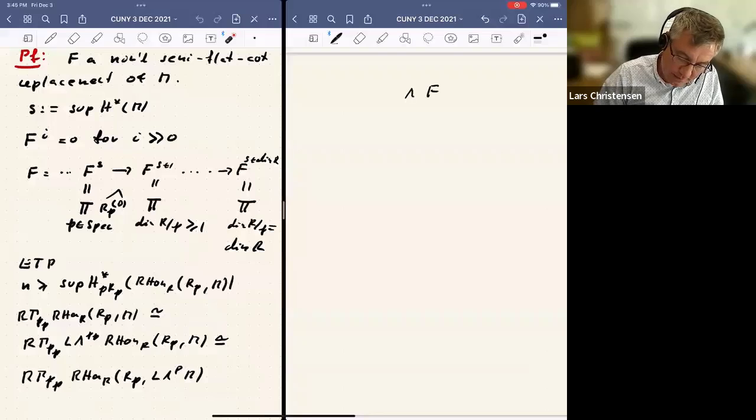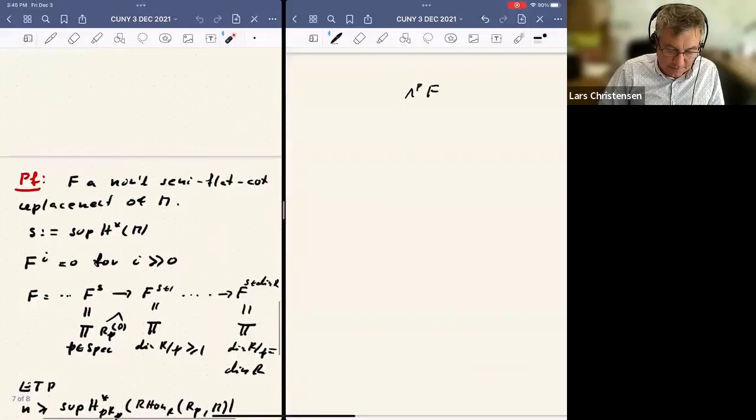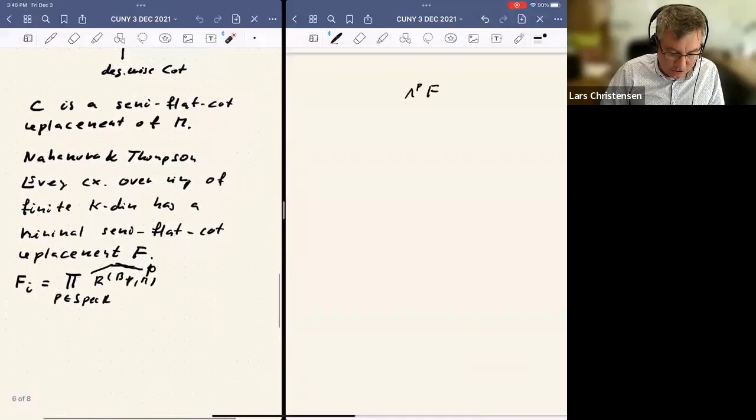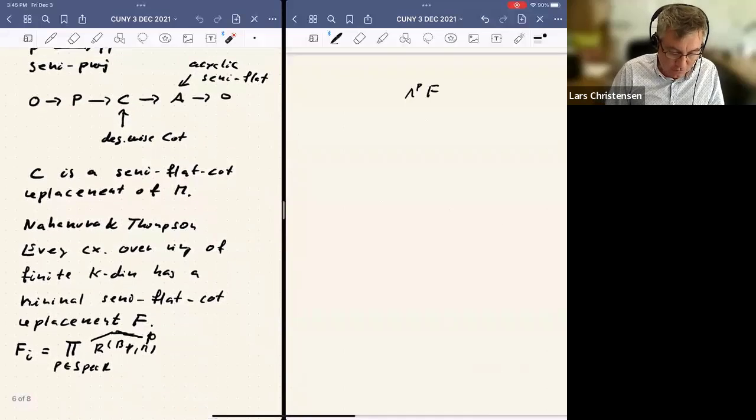So I can just complete this one at p. All that happens when I complete at p is that I go into the minimal semi-flat cotorsion replacement, and then I'm just throwing out the completions of free modules at primes that do not contain p. So I'm throwing out everything that's below. And it's still a bounded-on-the-right complex of flat modules, so this is still a semi-flat replacement. There's no problem with that.